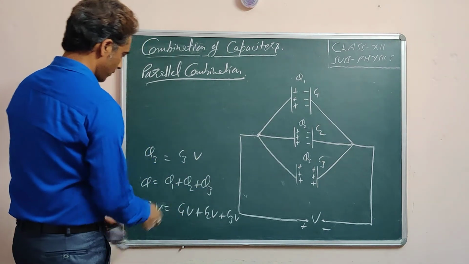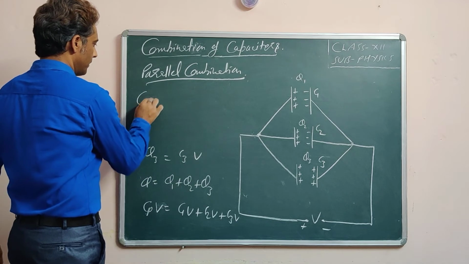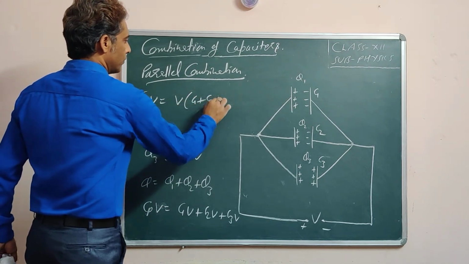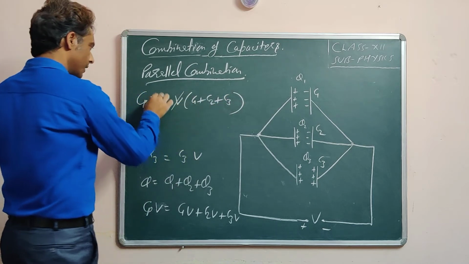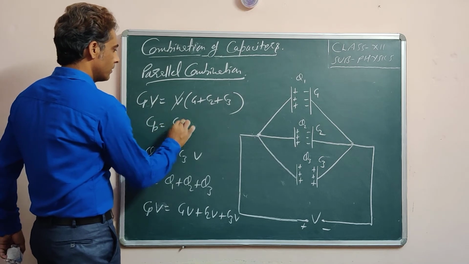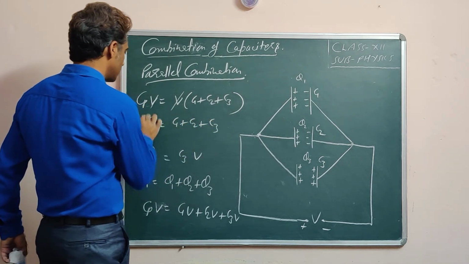So we can write from here Cp V is equal to, I take V common, C1 plus C2 plus C3. This V and V get cancelled. So Cp is equal to C1 plus C2 plus C3.